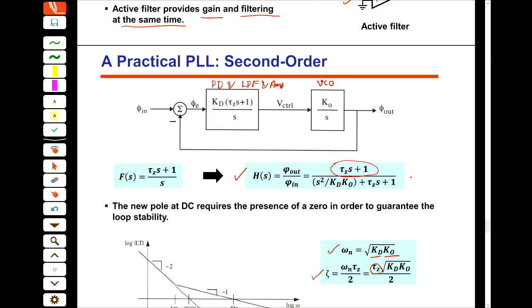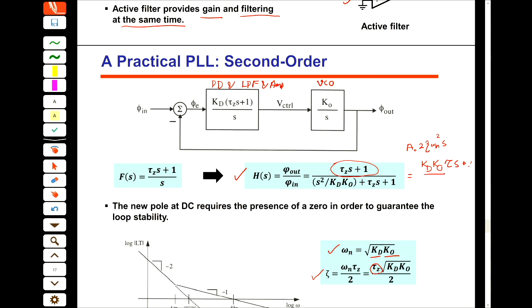So if we write down, in the denominator it is KD, KO, tau S plus something. Okay. And then the gain should be 2 zeta omega n squared S gain.